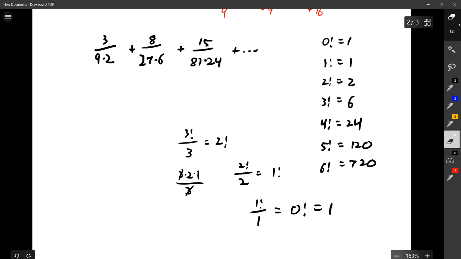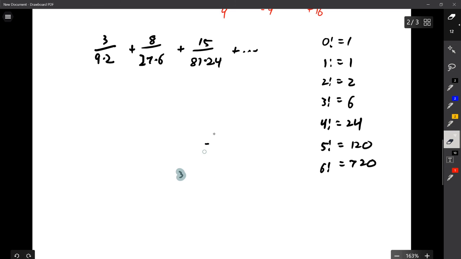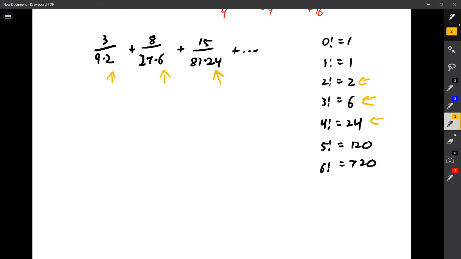All right, that's just a little to the side. Okay, back to this one. So what I see here is a 2, a 6, and a 24. So I see factorial going on.